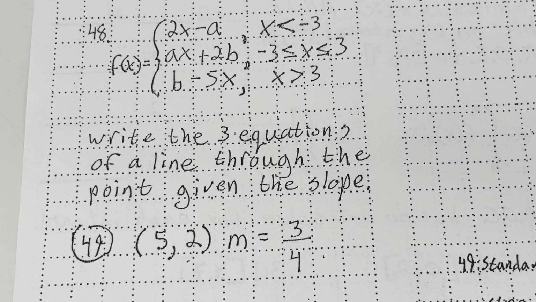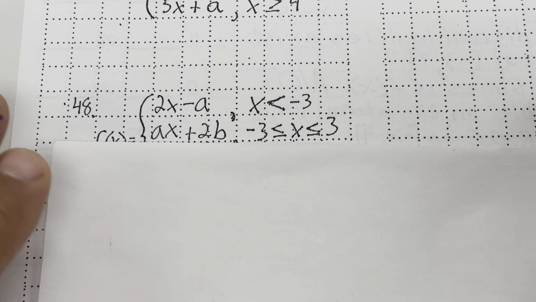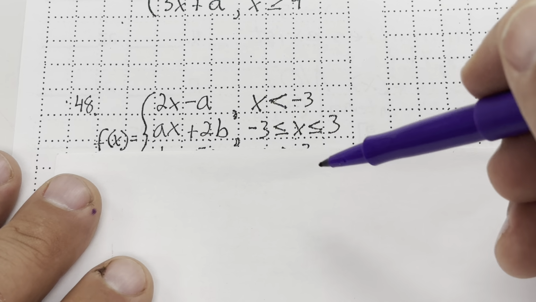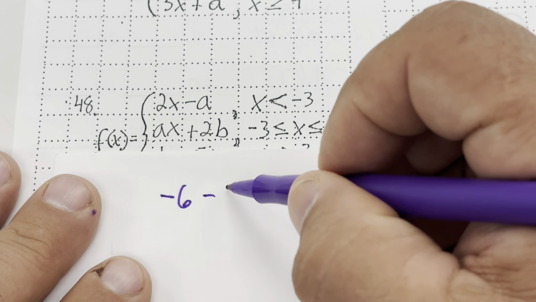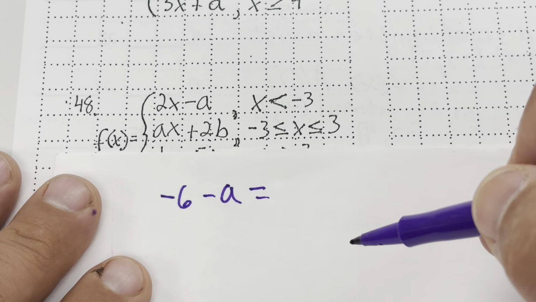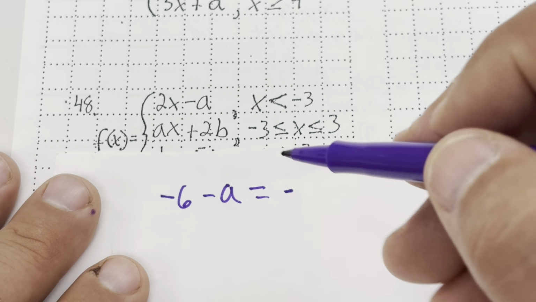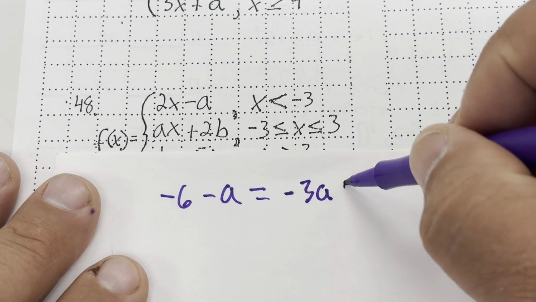This one, I have 3 equations, so it's going to be a little bit more challenging. We have to set up the first 2, and we're going to set them equal to one another at x equals negative 3. So 2 times negative 3 would be negative 6 minus a equals negative 3a. When I plug in negative 3 for x, it's going to be negative 3a plus 2b.